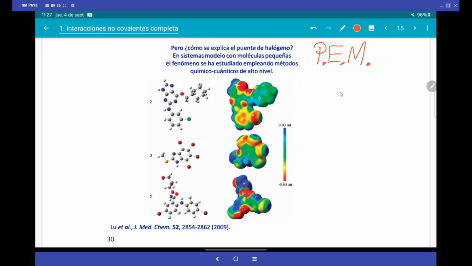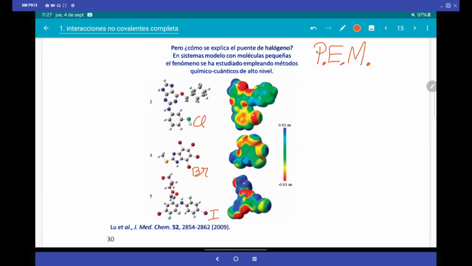In the first case, in red, we see the structure: a benzene connected with a CH2, then an oxygen, and then an aromatic ring. Below it has a chlorine atom. This other one has bromine, and the last one has iodine.